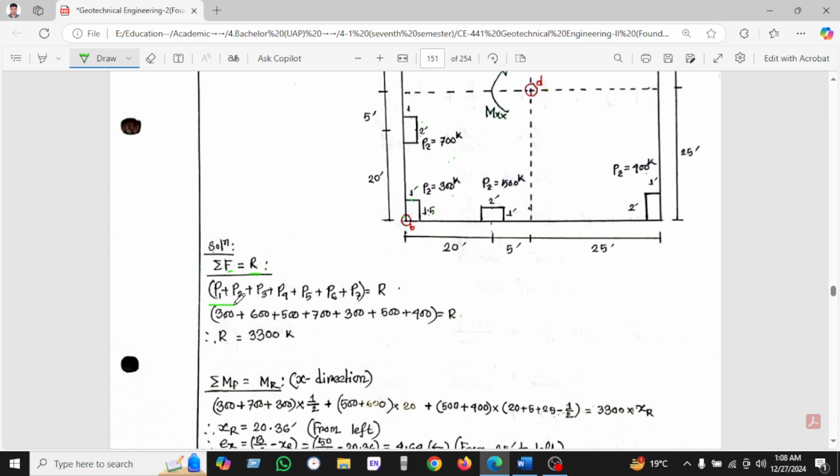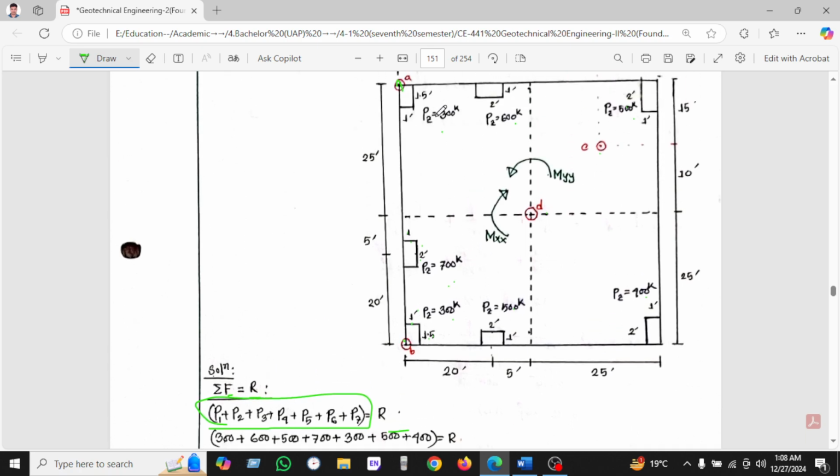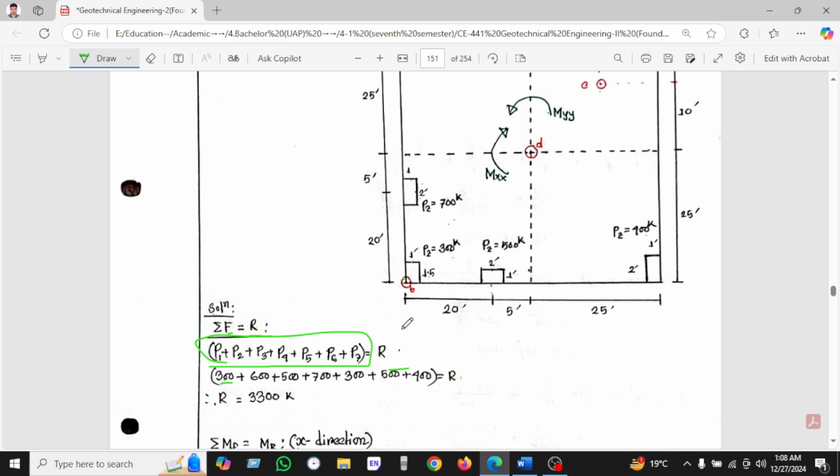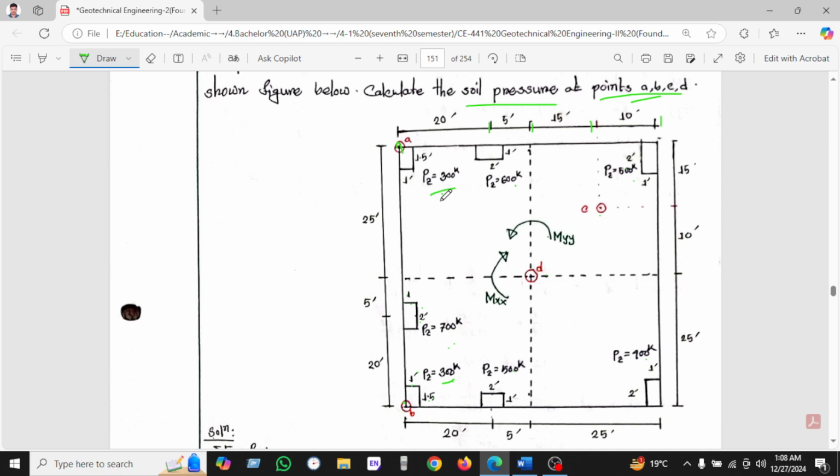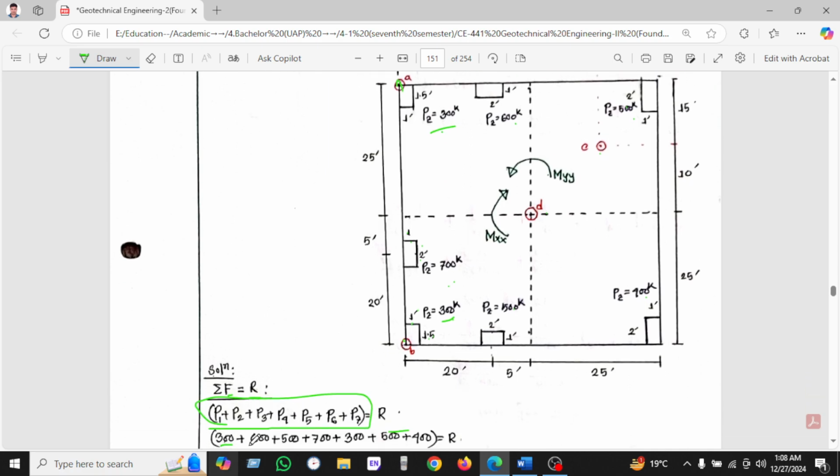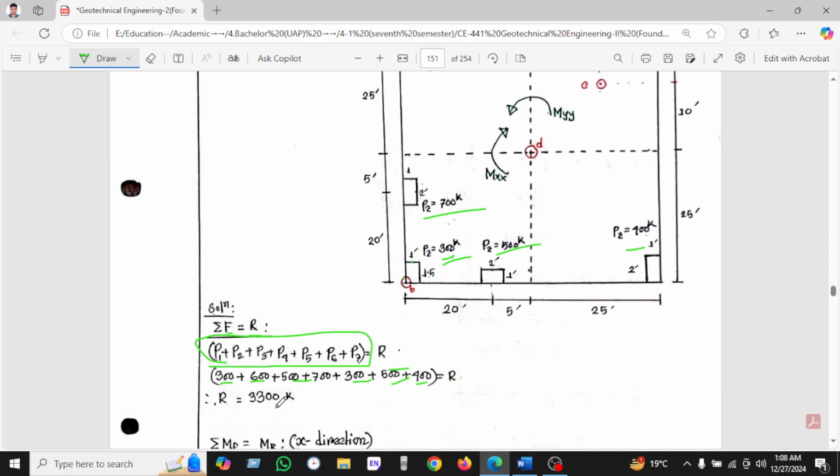Induced force P1, P2, P3 up to P7 equals R. Sorry, these are P1, 300 and 600, this is 600, and 500, this is the 500, P3, P7, this is the P7, and 300 also, and 500, this is 500, and P8 is also 400. So R will be the total resisting force, which is 3370 kg.